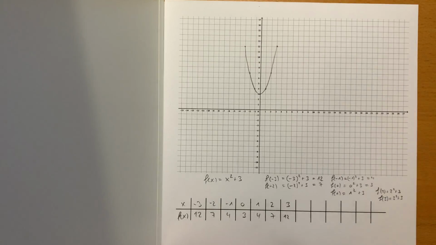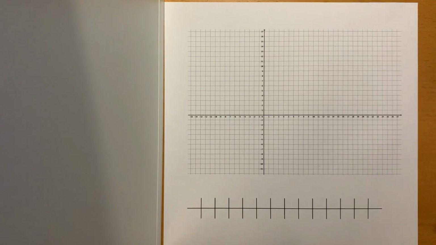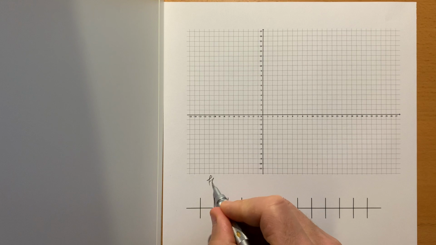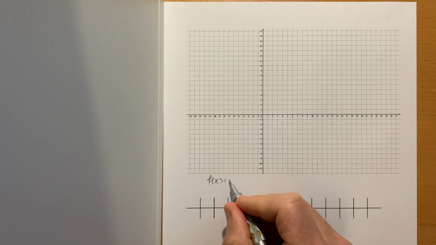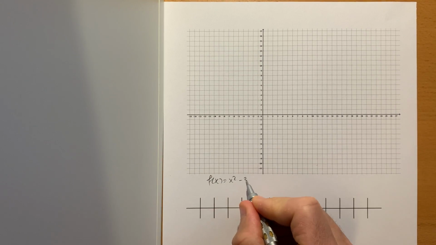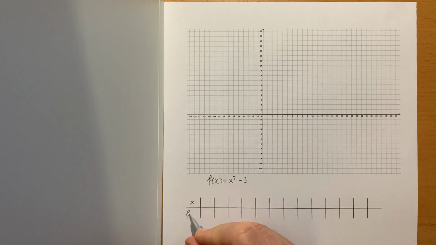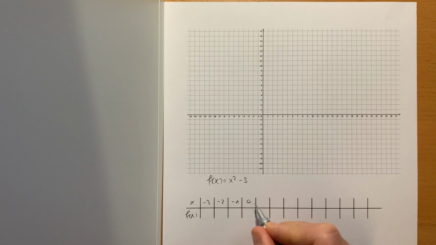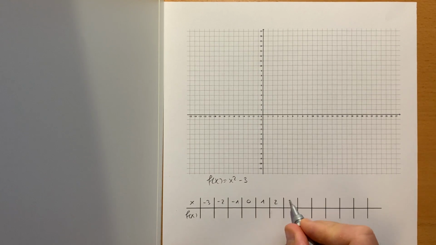Now when you look at B, there you have f of x is x squared minus 3. So what's going to happen here? -3, -2, -1, 0, 1, 2, 3.